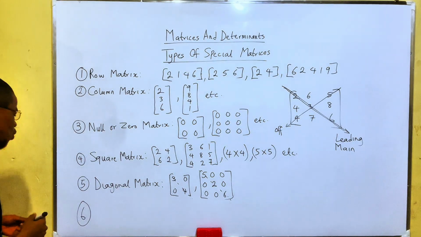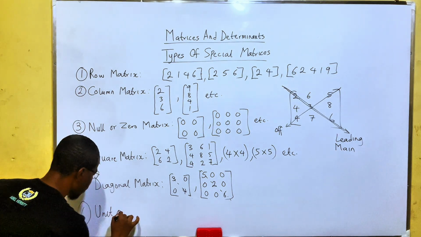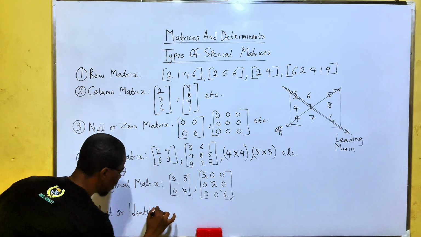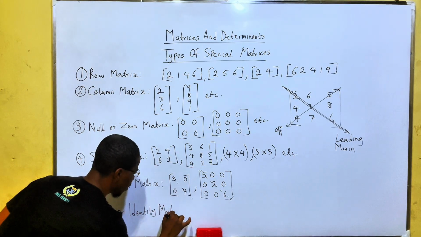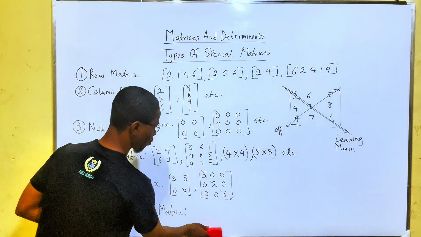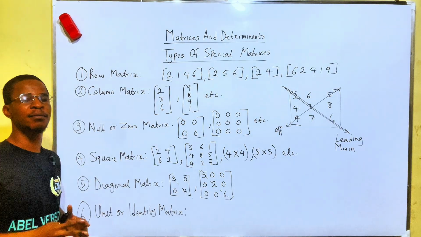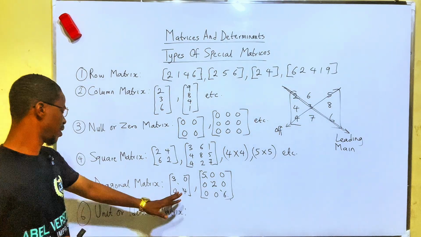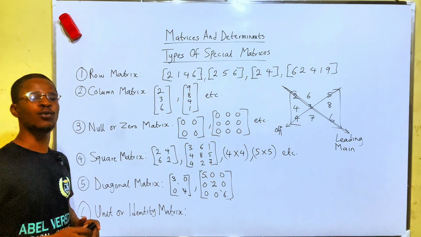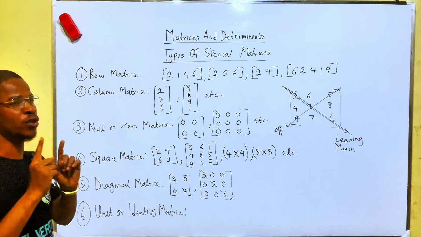The sixth is what we call the unit or identity matrix. Now, the unit or identity matrix is a type of diagonal matrix, but it is one in which the value of the leading diagonal is unity, which is 1.